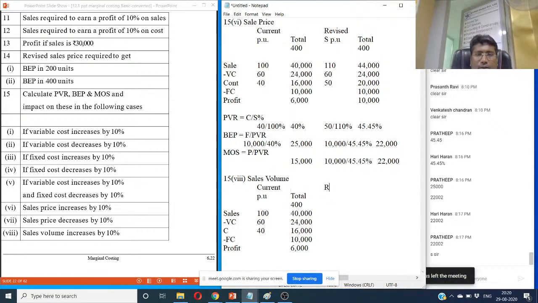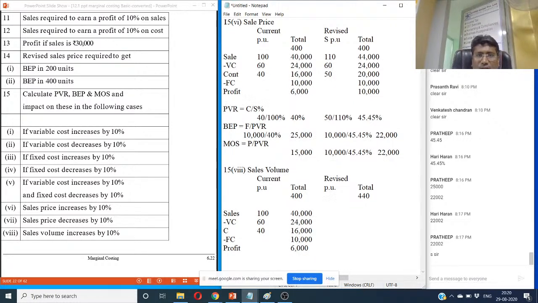In the revised scenario, volume changes. Volume changes means the number of units traded is increasing. Earlier the number of units was 400. Now the number of units being 440. Is it clear? Yes. Okay then.